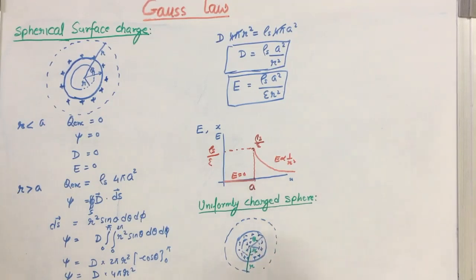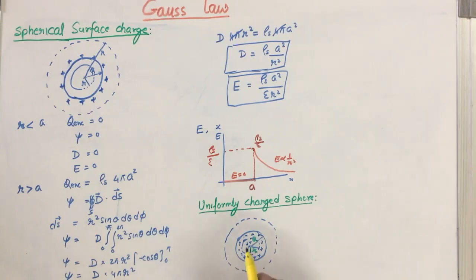This is the internal Gaussian surface. This is the next Gaussian surface that we considered outside. So let us start the discussion in this case as well.